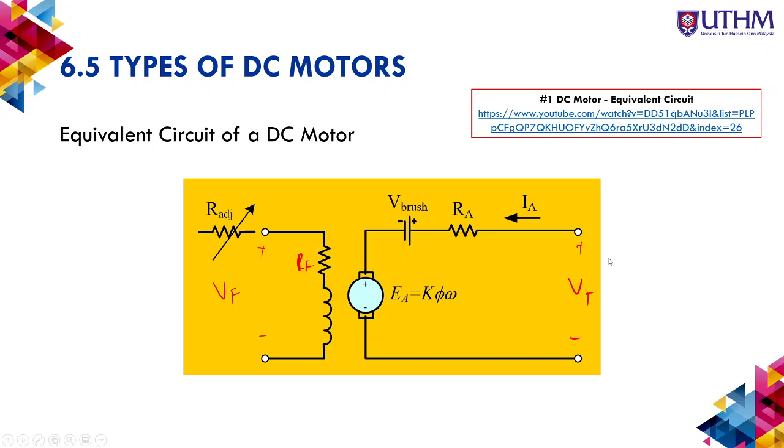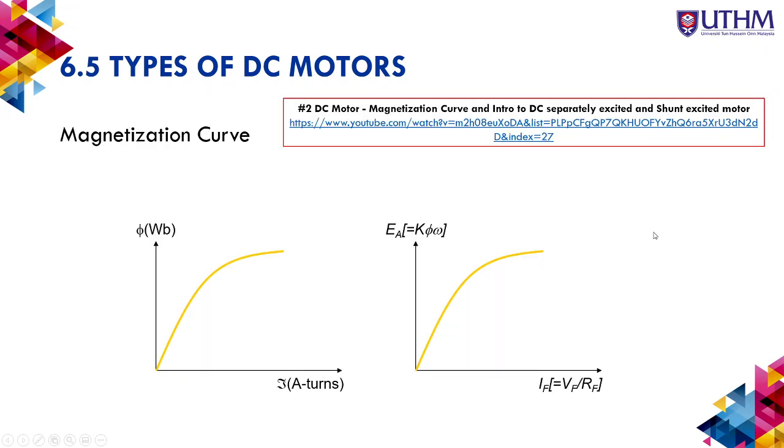To be more detailed, go to this link and learn from there. As we know before, the magnetization curve is the magnetic flux versus the magnetomotive force. You can see that the magnetic flux is proportional to the magnetomotive force.